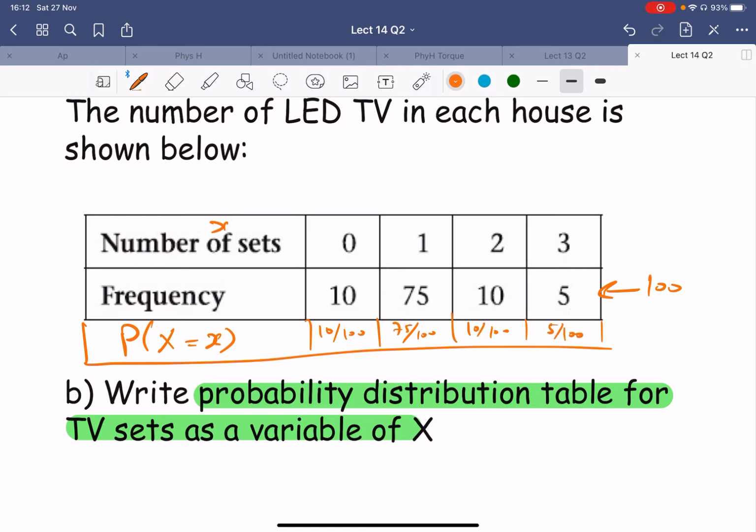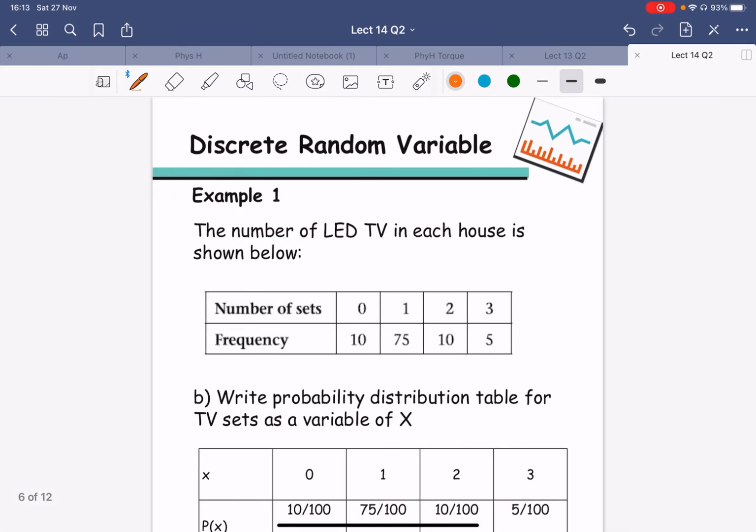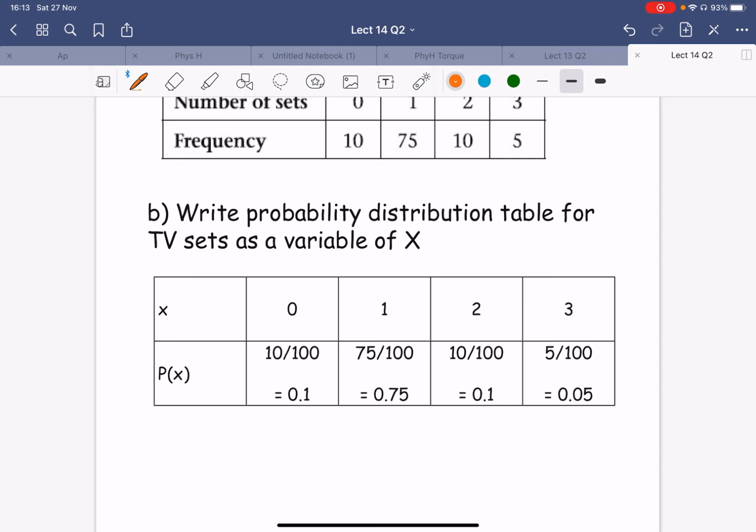Then you can simplify this: 0.1, and you can write in decimal form on the bottom if you want, 0.75, 0.1, 0.05. So this is the probability distribution table.